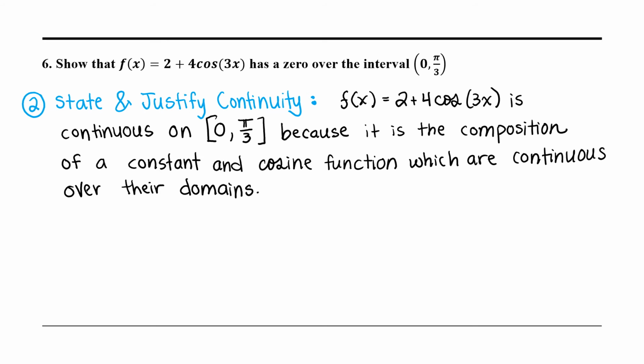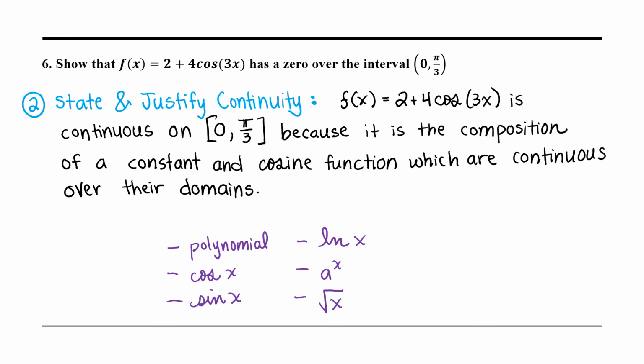So the types of functions that you'll look at for intermediate value theorem in like Calc 1 would be polynomial functions, cosine, sine, natural log, maybe an exponential function, maybe a square root function, but functions where we know, just because we're familiar with these functions, where they're continuous.